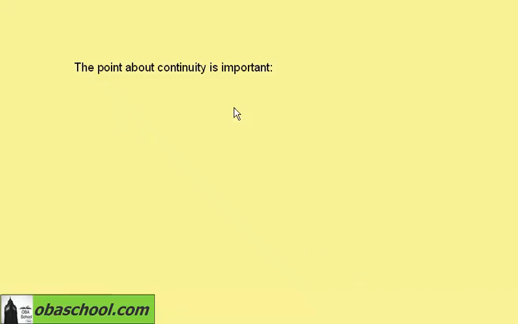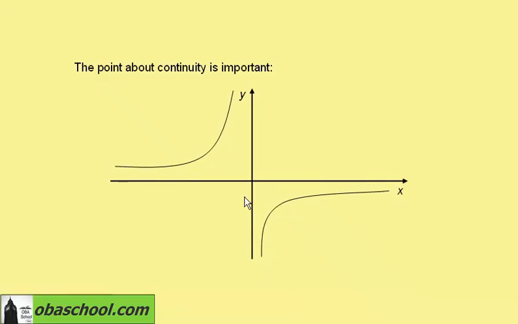The point about continuity is important. Consider this curve, which might be something like y equals 1 over x. In order to draw this, you need to remove your pencil from the page to draw each arc. The curve is above the x-axis here and below the x-axis here, but we don't see it crossing the x-axis anywhere.